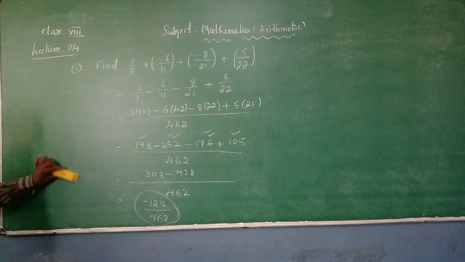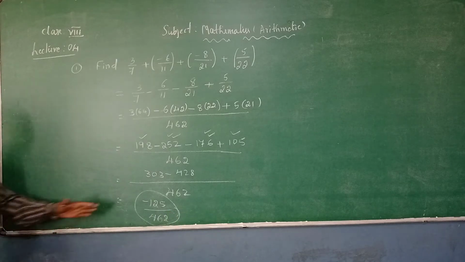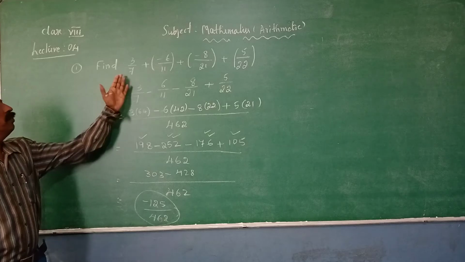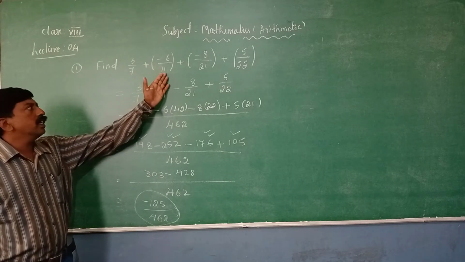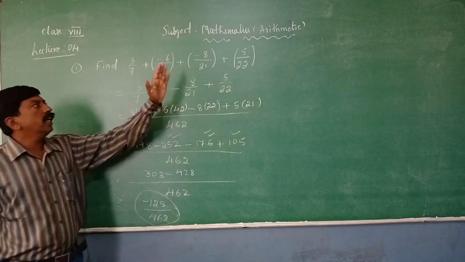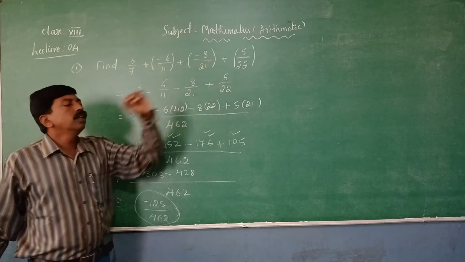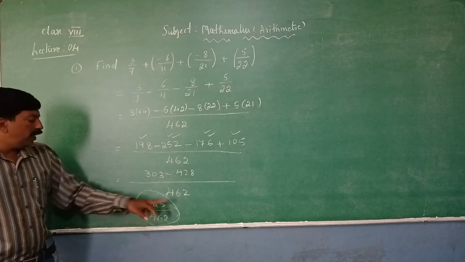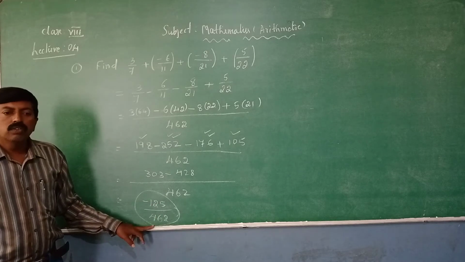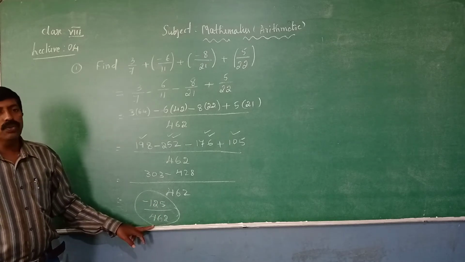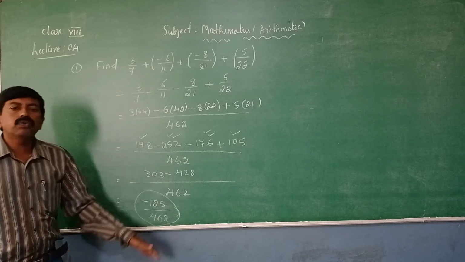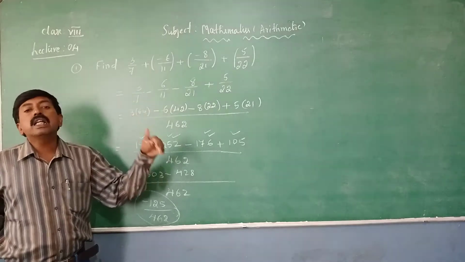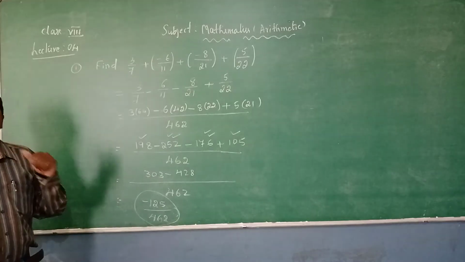So like this you have to find the solution for 3 by 7 plus of minus 6 by 11 plus of minus 8 by 21 plus of 5 by 22. Therefore, it is minus 125 divided by 462. So like this, you can simplify by taking the LCM of the denominators.